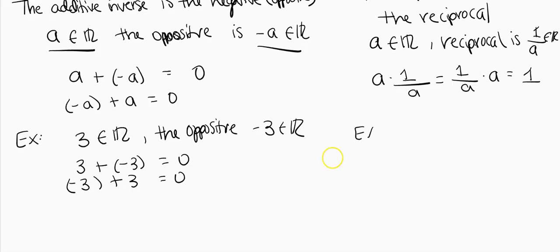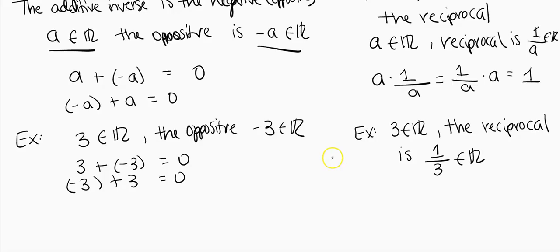So for example, if we have 3 that's a real number, the reciprocal is 1 over 3, which is also a real number. So in other words, 3 times 1 over 3 is the same thing as 1 over 3 times 3.